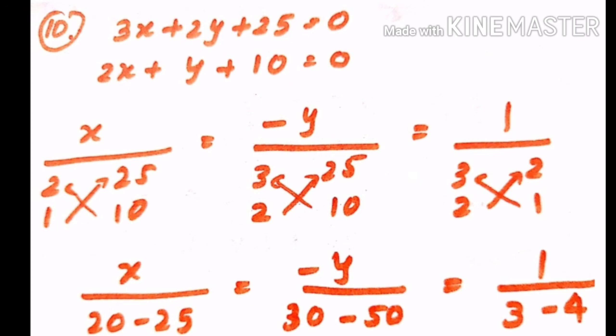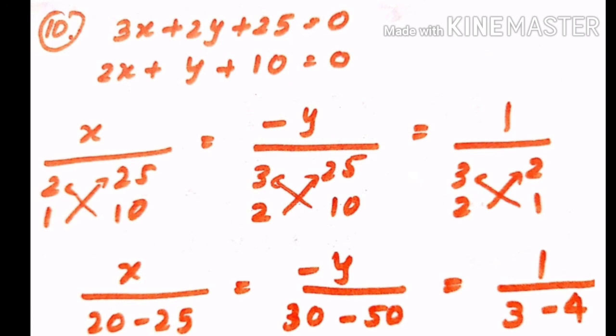Then under the y we put our finger on the y variable and we write the x variable coefficients 3, 2, 25, 10, and again under the 1 we just put our fingers on 25, 10. They are the constants. So we will write the x and y variable coefficients 3, 2, 2, 1.